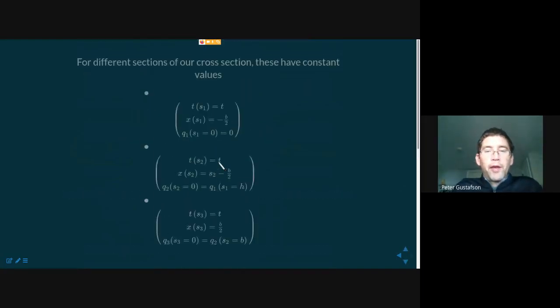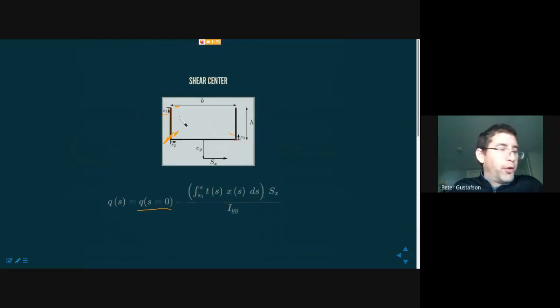Now, as we alluded to in a past lecture, what is shear flow? Well, it's shear stress times thickness. It is a resultant force per unit length. We applied a force, Sx. We now need to calculate the total forces that are present on these segments in order to relate that to the applied force Sx.